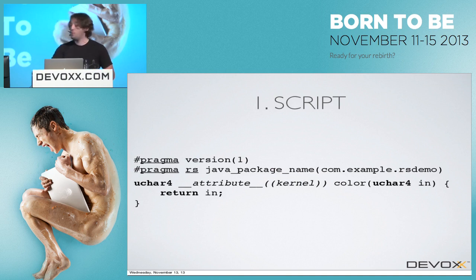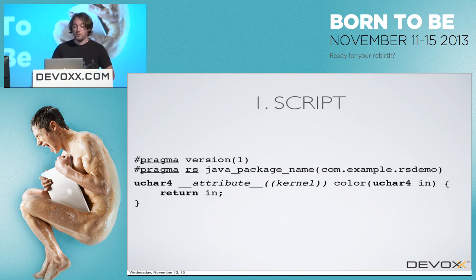So to use it, you basically create a script. Here I'm just creating a very, very simple function that returns exactly what it takes in input. You have to specify a version number, right now it's only one, and the package name for the class that will be generated.